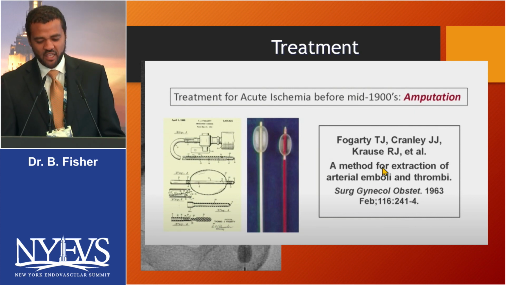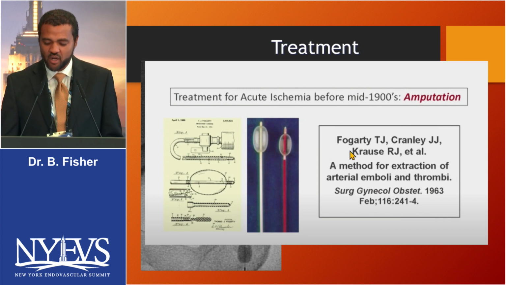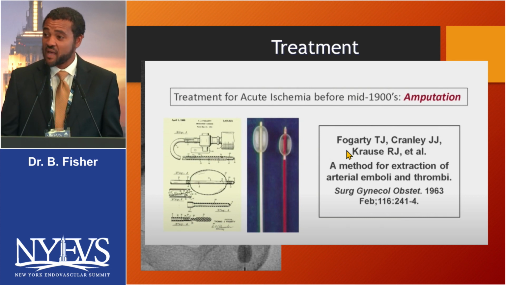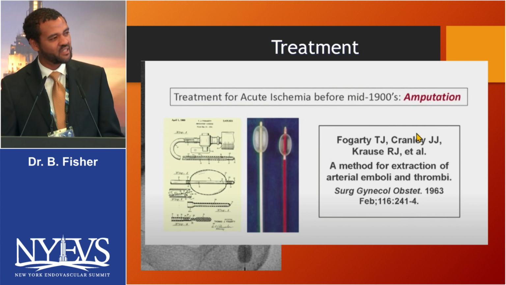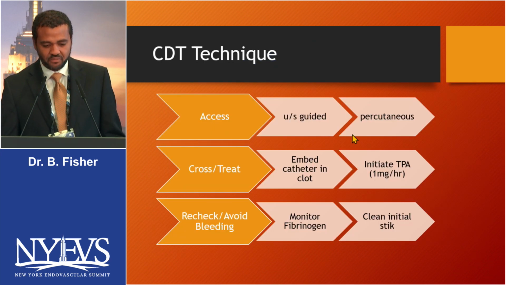This is one of the landmark articles discussing embolic extraction using this novel Fogarty catheter. Can you imagine the excitement and the advancement that made in the treatment of lower extremity disease?